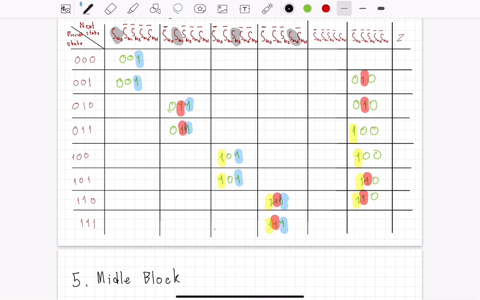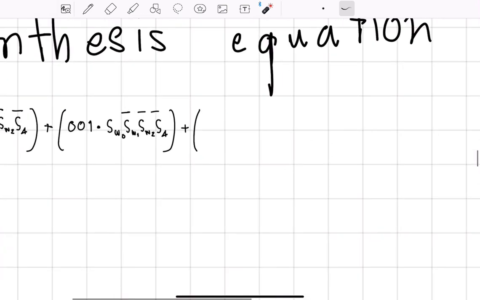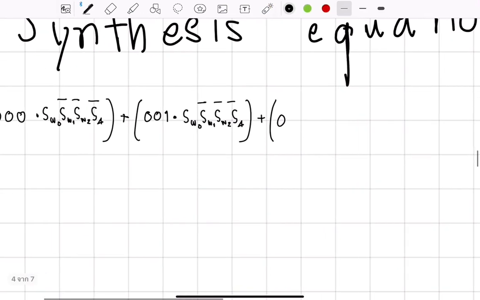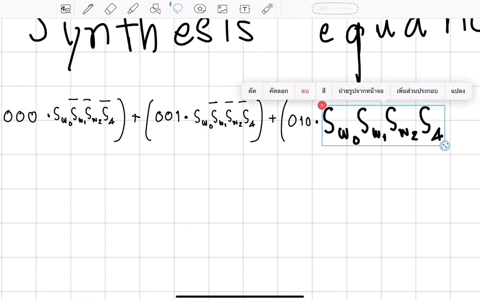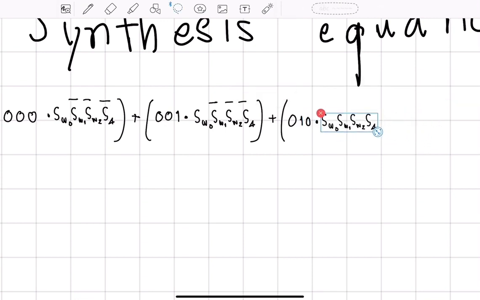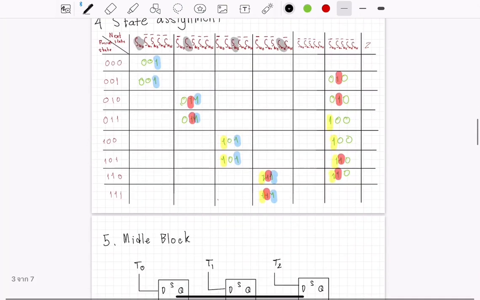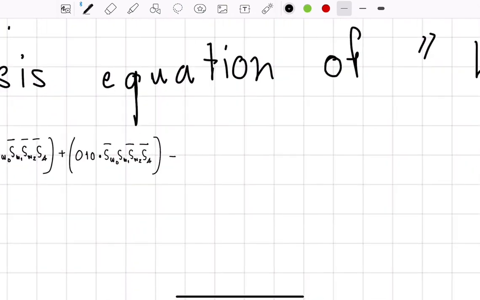State 4, state 6. Looking for me that is 0 1 0, state switch 1. Yep. Switch 1. Alright. That's that.